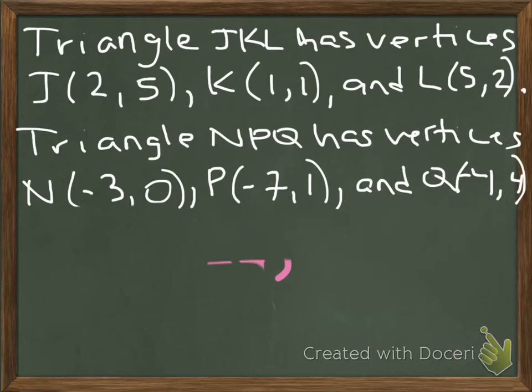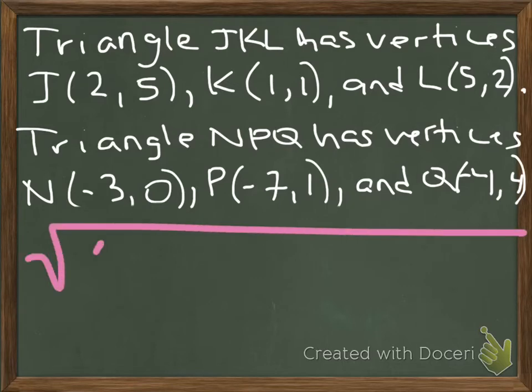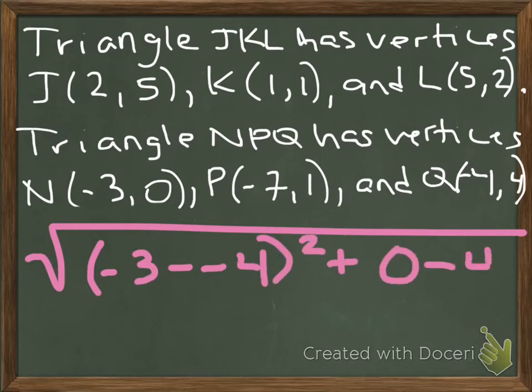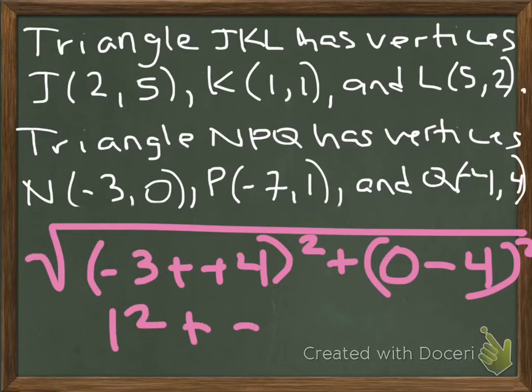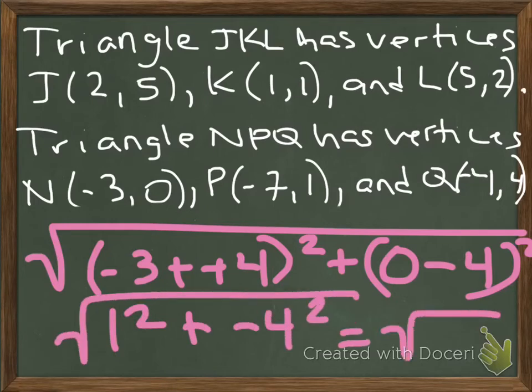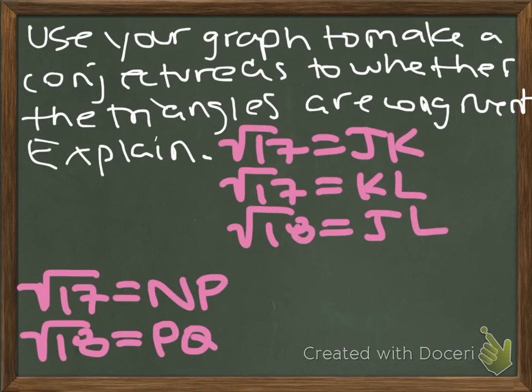If this is the square root of 17, then they are congruent. So let's see, NQ: negative 3 minus negative 4 squared, plus 0 minus 4 squared. That gives me 1 squared plus negative 4 squared, or 1 plus 16, which is the square root of 17. So NQ is the square root of 17.